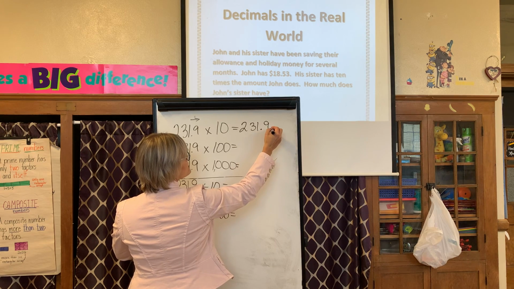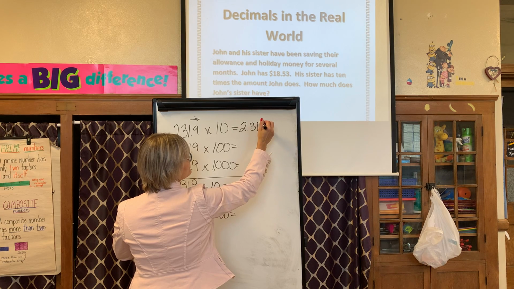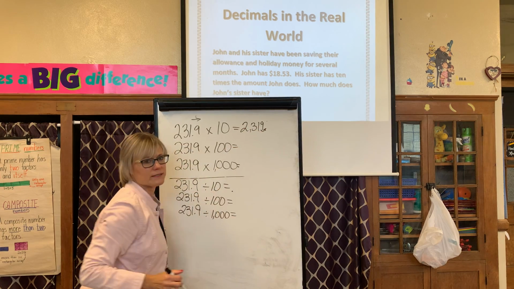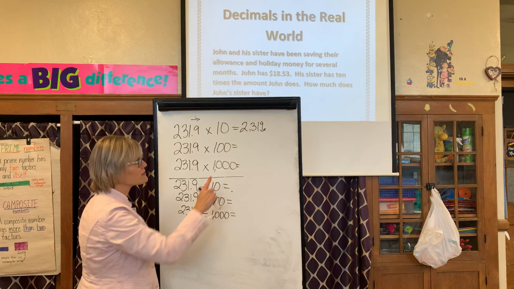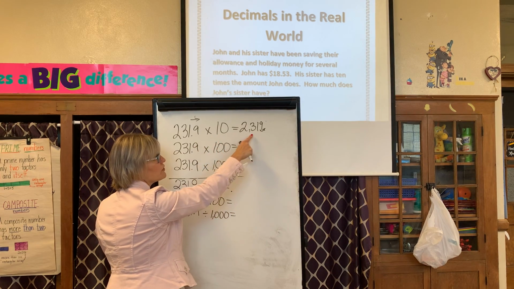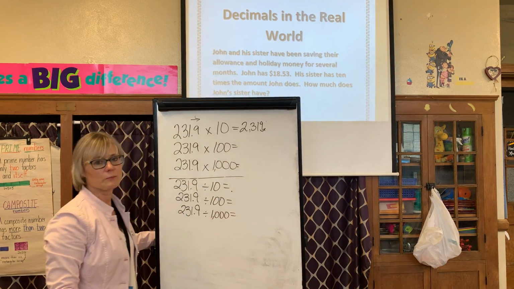Now I'm going to move this decimal over here, and instead we have 2,319. So we've moved it 1 place. When we multiply something times 10, we move the decimal 1 place.